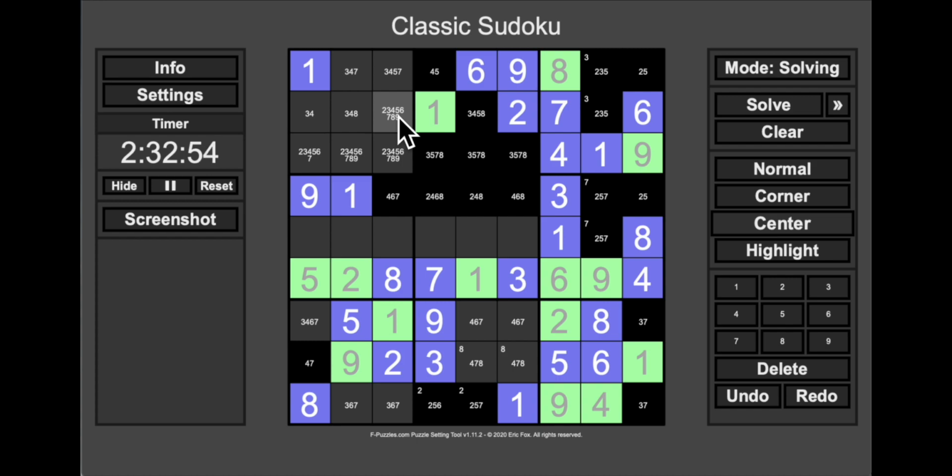This one is not 2, 6, 7, or 8. But it could be 3, 4, 5, or 9. Well, that's irritating.